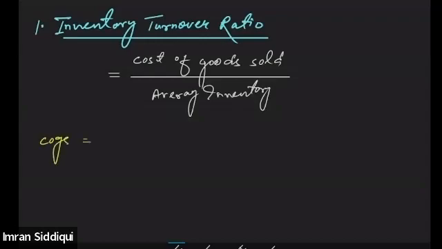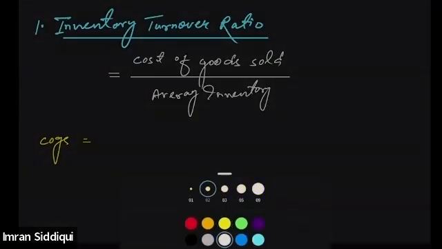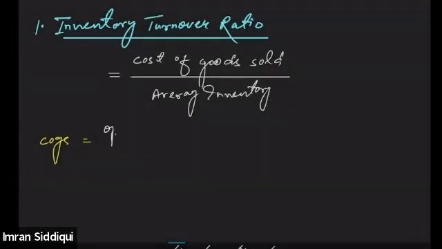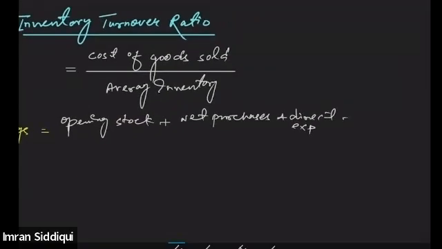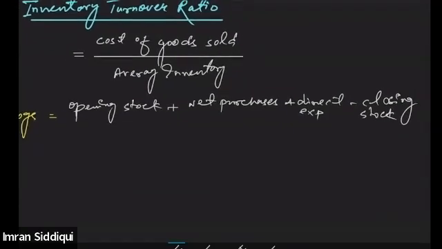If it is not given in the question, then the formula that we can apply is straightforward: take the value of the opening stock given in the question, add the net purchases and all direct expenses to it, and subtract the closing stock. This is the formula for finding out the cost of goods sold.